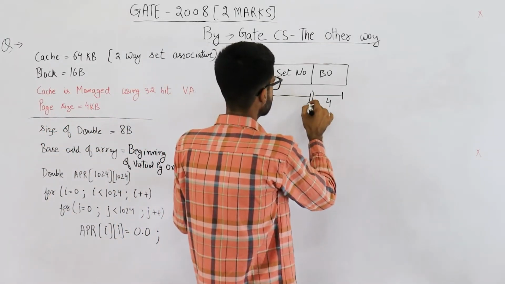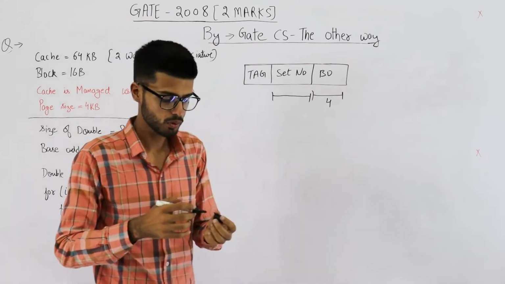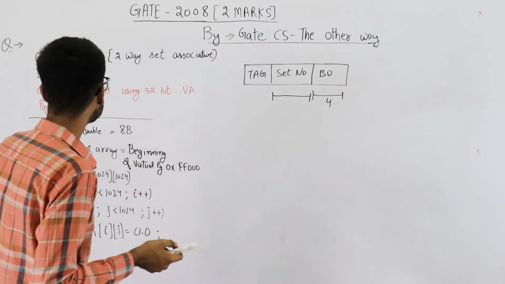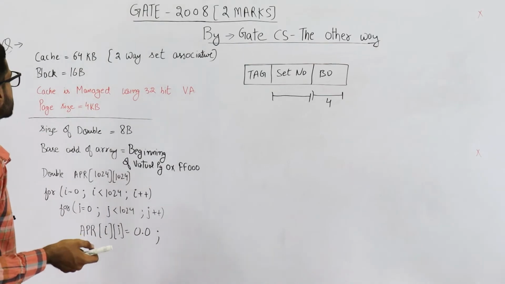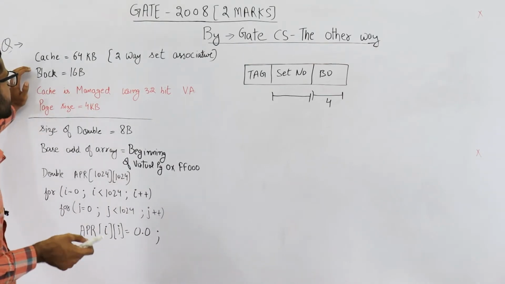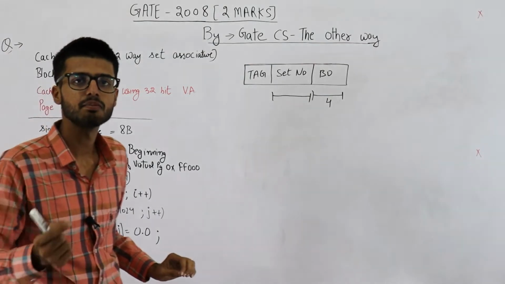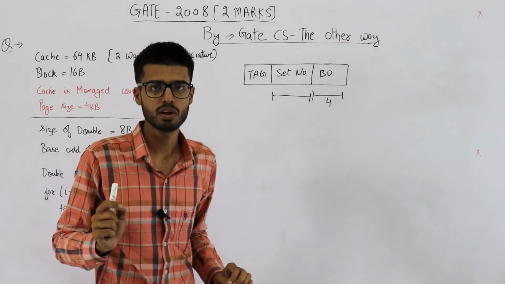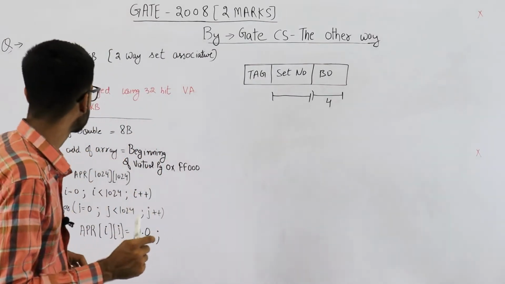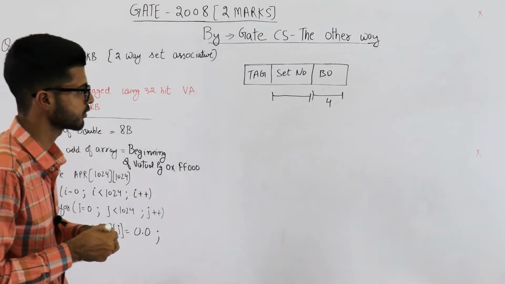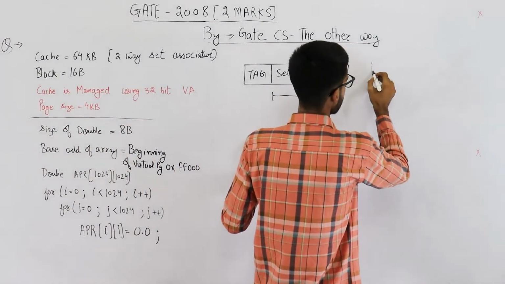Now for finding the set number, you need to know how many total sets are there in the cache. So the total number of sets can be found by dividing the number of blocks in the cache by the number of blocks in one set. That certainly means you need to know the number of blocks in the cache first. Let's find it out.